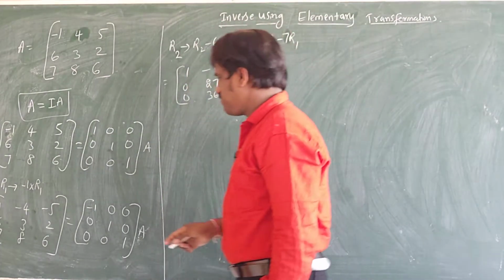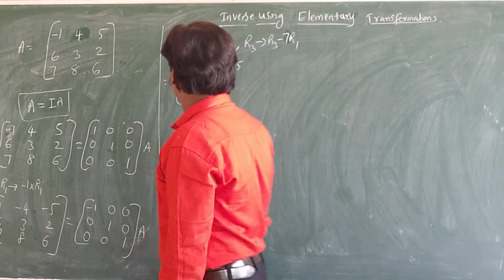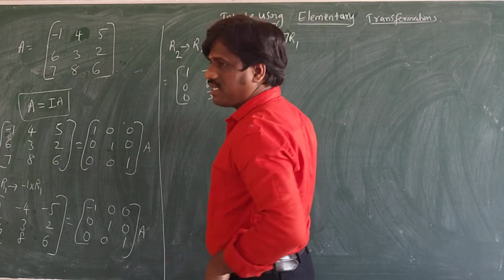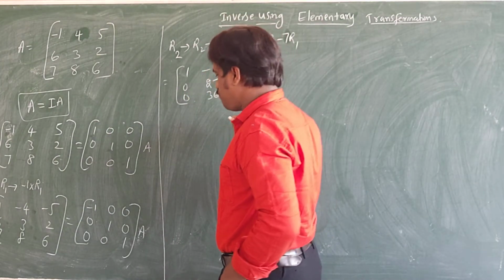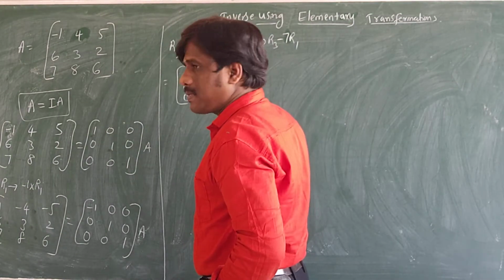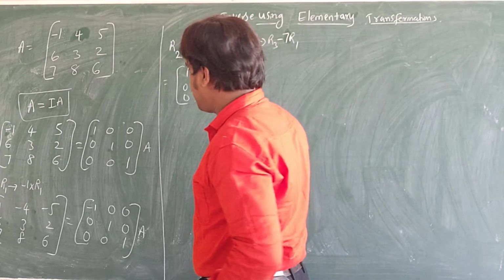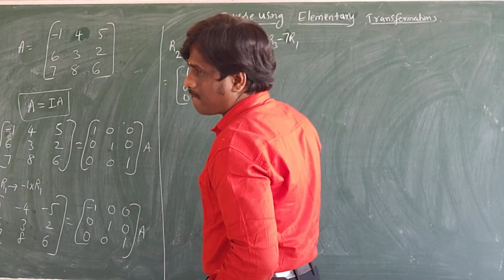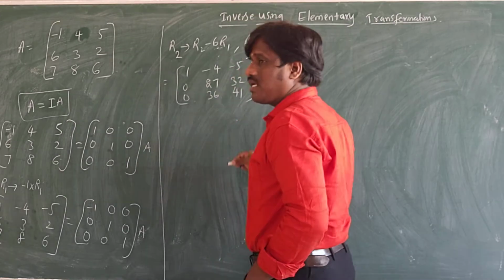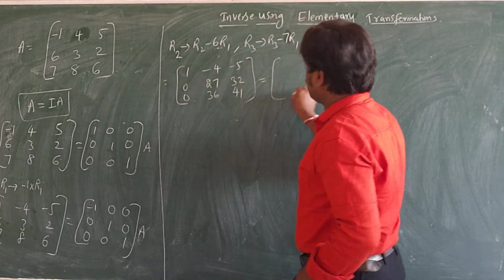Okay, next. Here 2 minus 6 times 5 is minus 30, so 32 with minus sign. Okay, 32. Next, 6 plus 35, that is 41, right? Correct? Right.